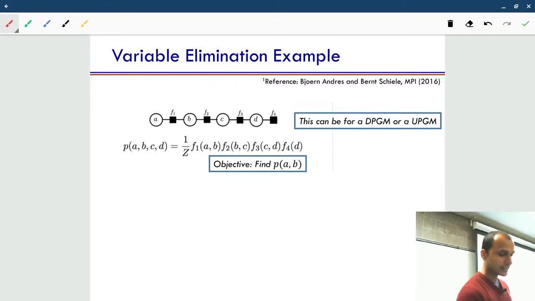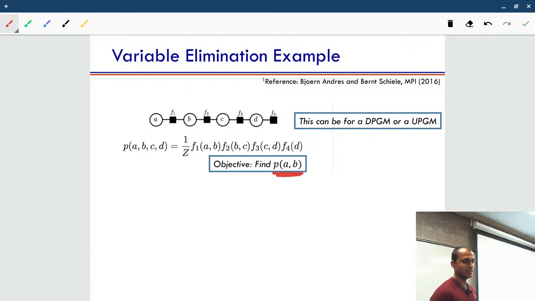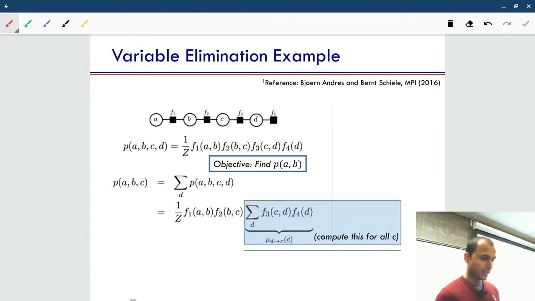So in this example we want to find P of A comma B. So we are marginalizing out random variable C and random variable D, right? First, this is just a warm up. Let's marginalize out D. So we get the joint distribution between A, B, and C, and if you write it using the factored version, you can push the summation over D inside, right?